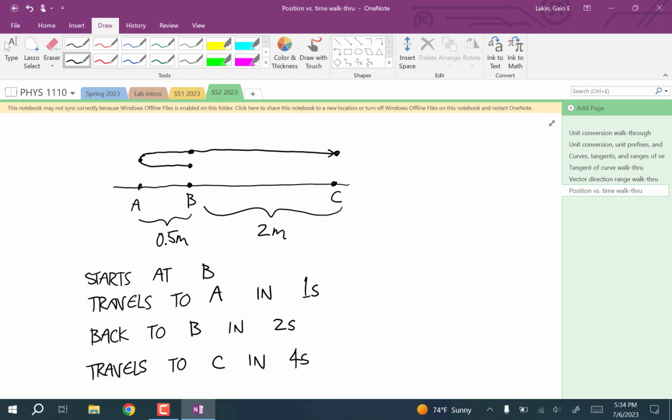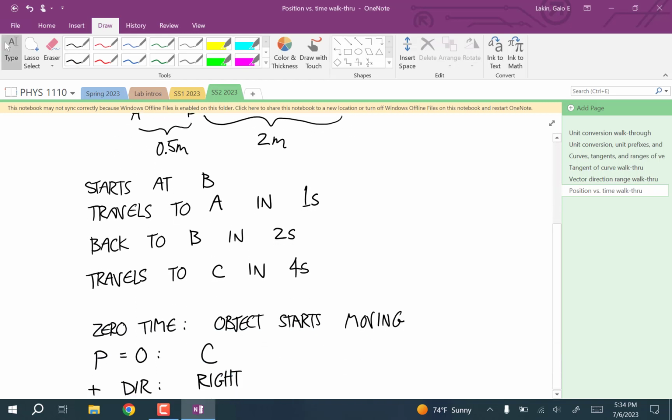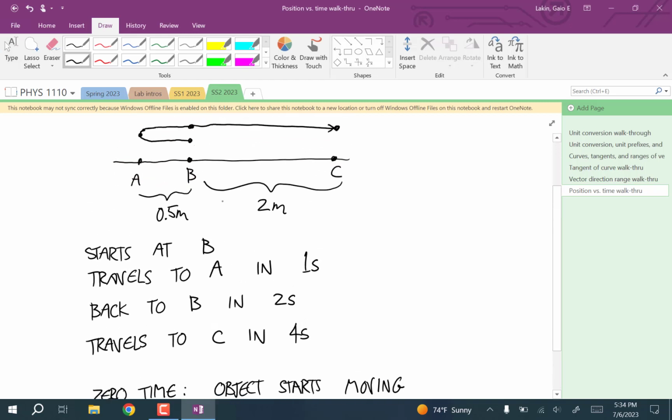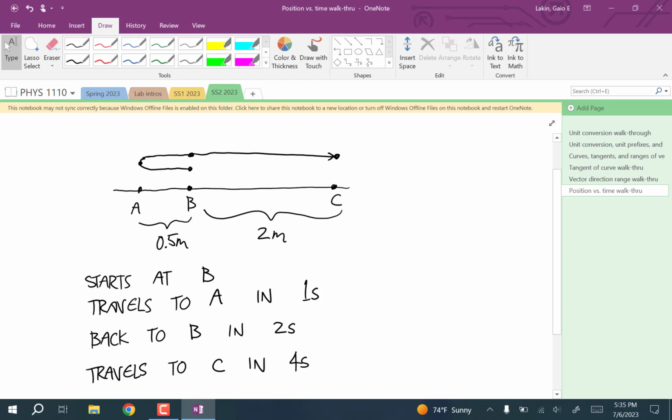And notice that all of this stuff that's drawn in black doesn't have any effect on your choices of time equals 0, position equals 0, and positive direction. Also, there's one more bit of information that isn't changed by those choices, and that's how long it takes to get from one point to another.